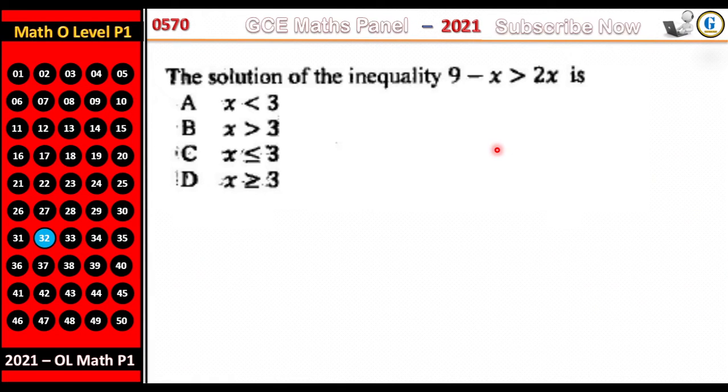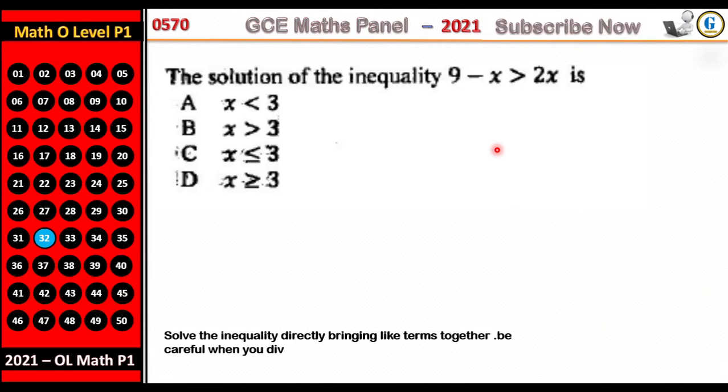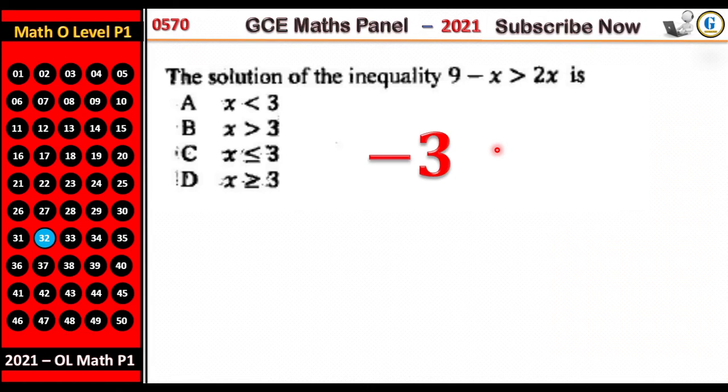The solution of the inequality 9 minus x is strictly greater than 2x is. So we solve this inequality. We bring like terms together. First of all, we will have minus 3x strictly greater than minus 9.